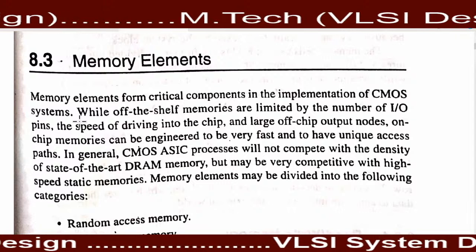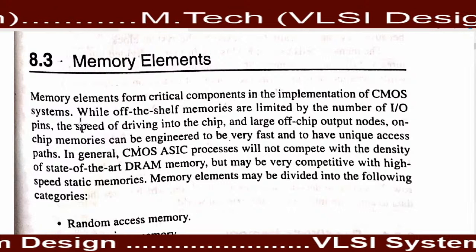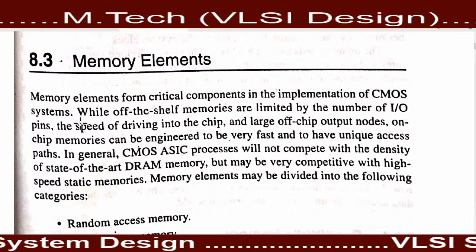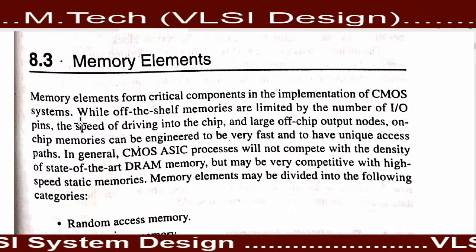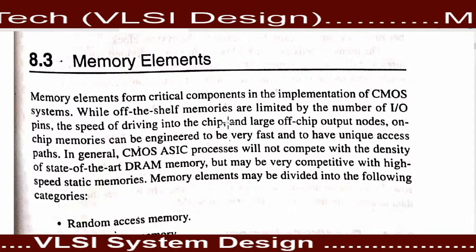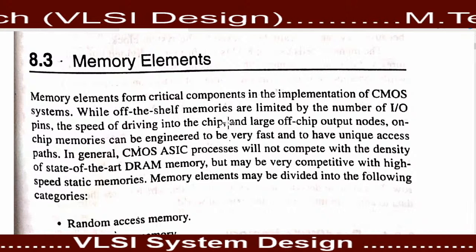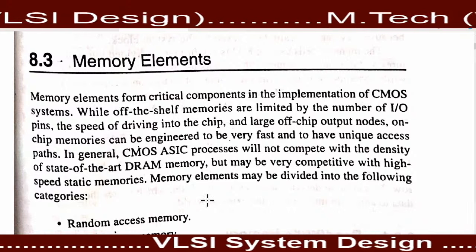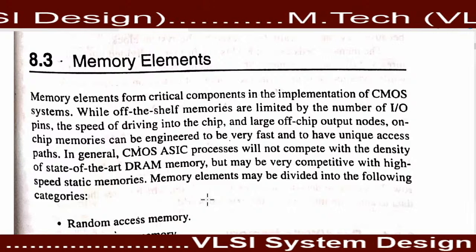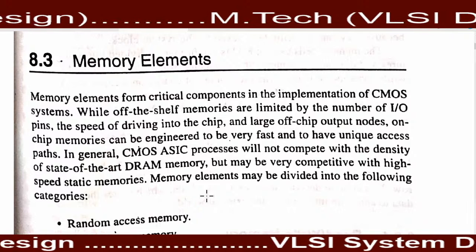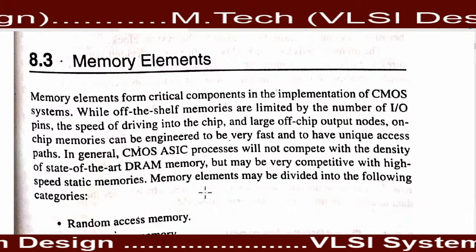Okay, so some decades ago, when we used memories, there were various limitations of memory at that time, such as the number of input output pins, the number of driving input chips, the number of input voltages, driving input voltage, its size, its speed, etc. These were the limitations of memory before some decades.